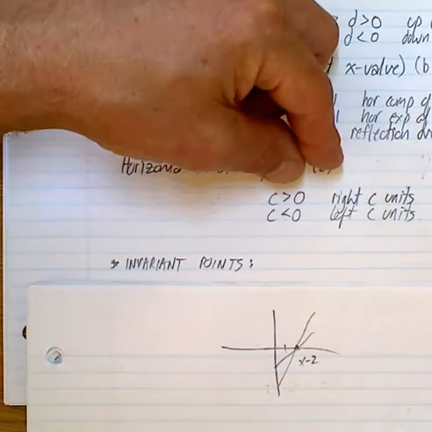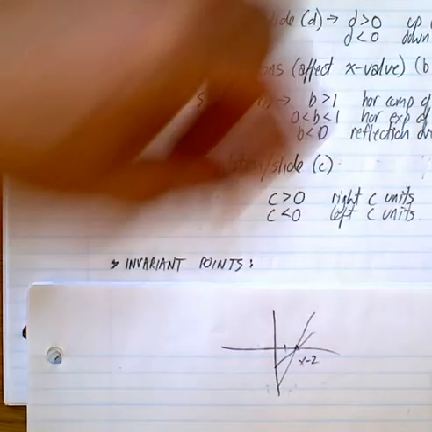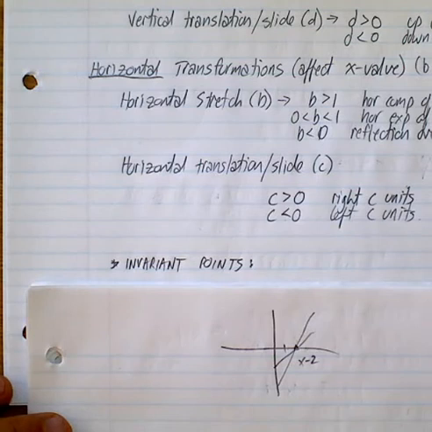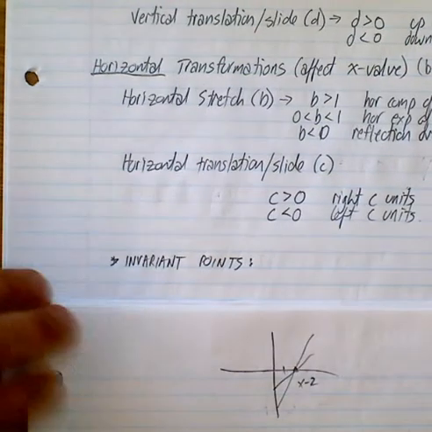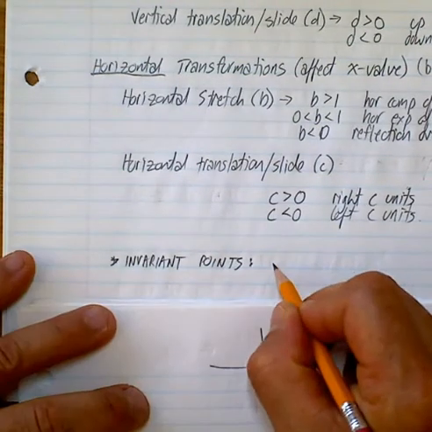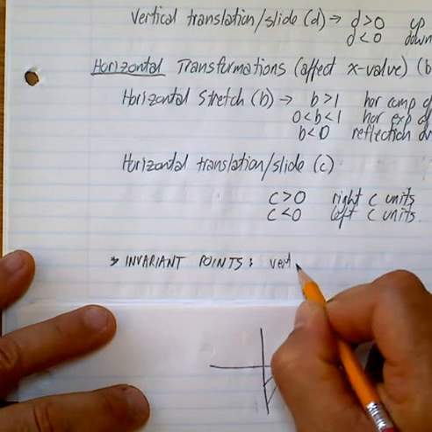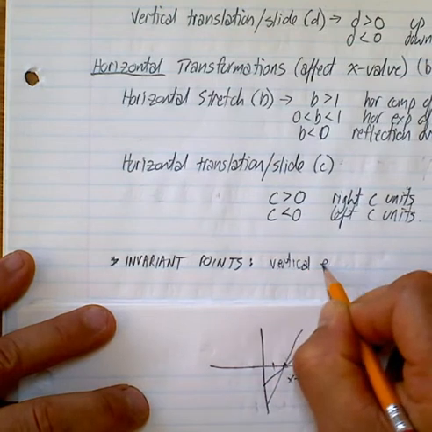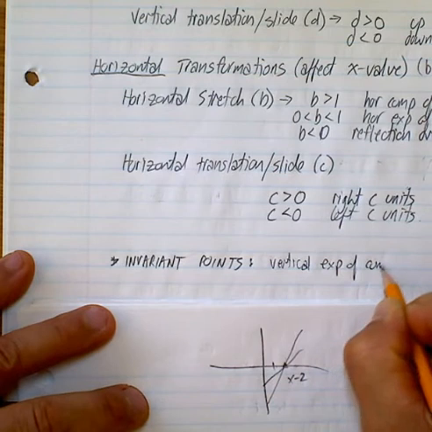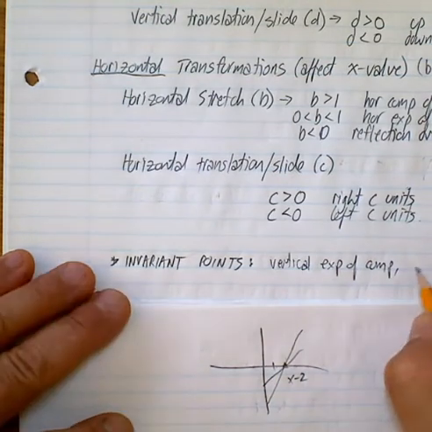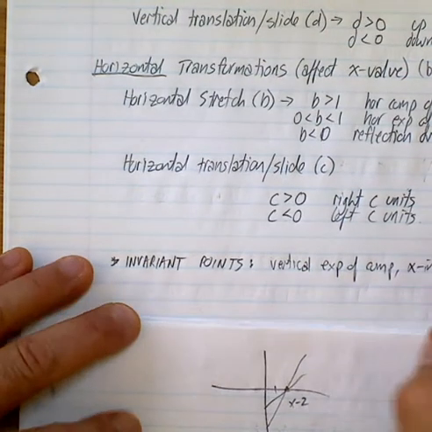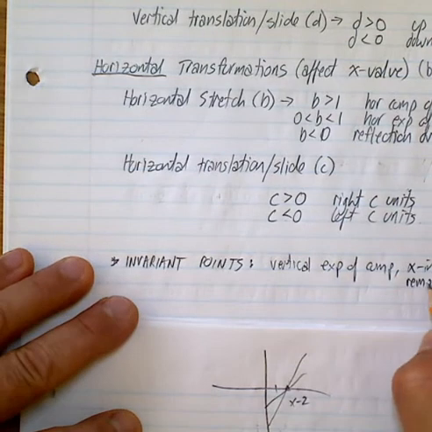So if you expand vertically, your x-intercepts don't change. Well, let's write that down. If you have a vertical expansion or compression, your x-intercepts remain the same.